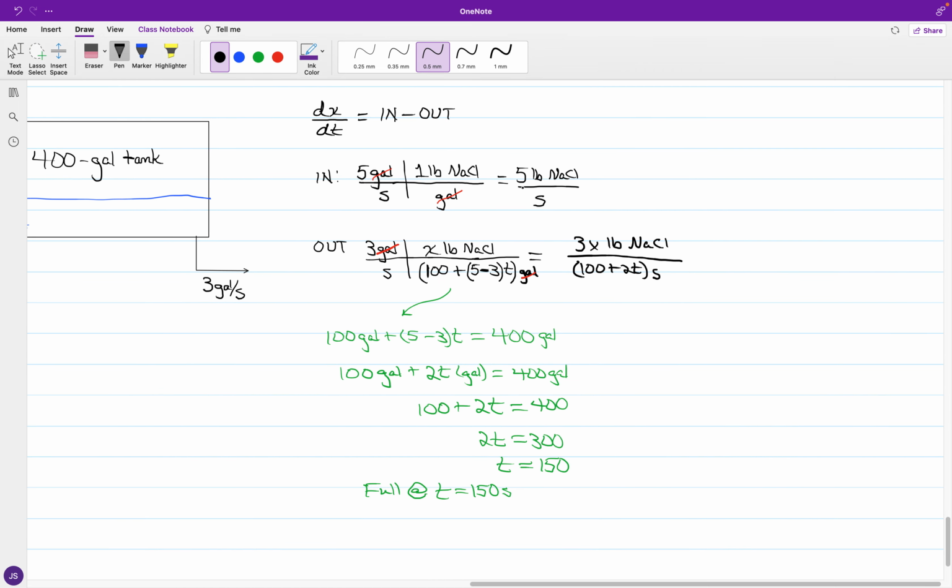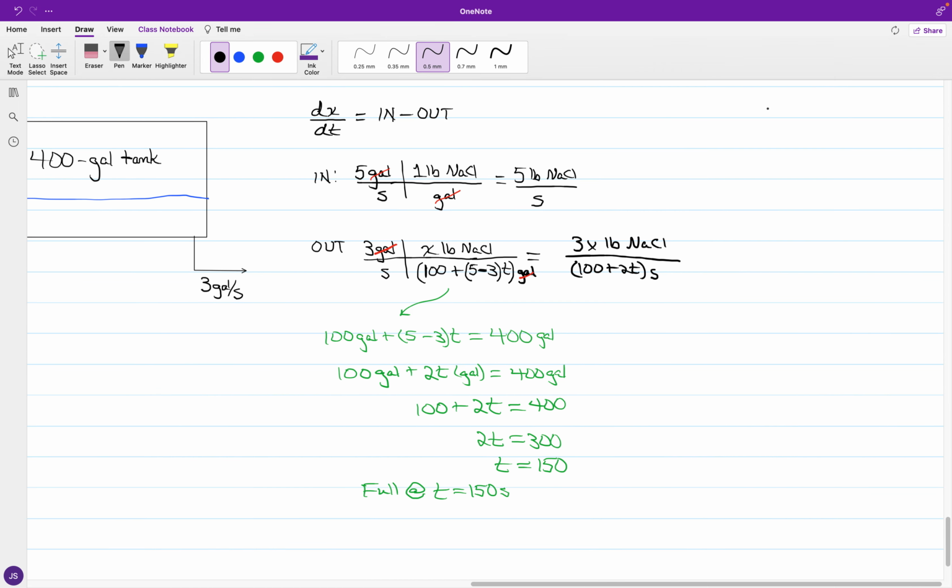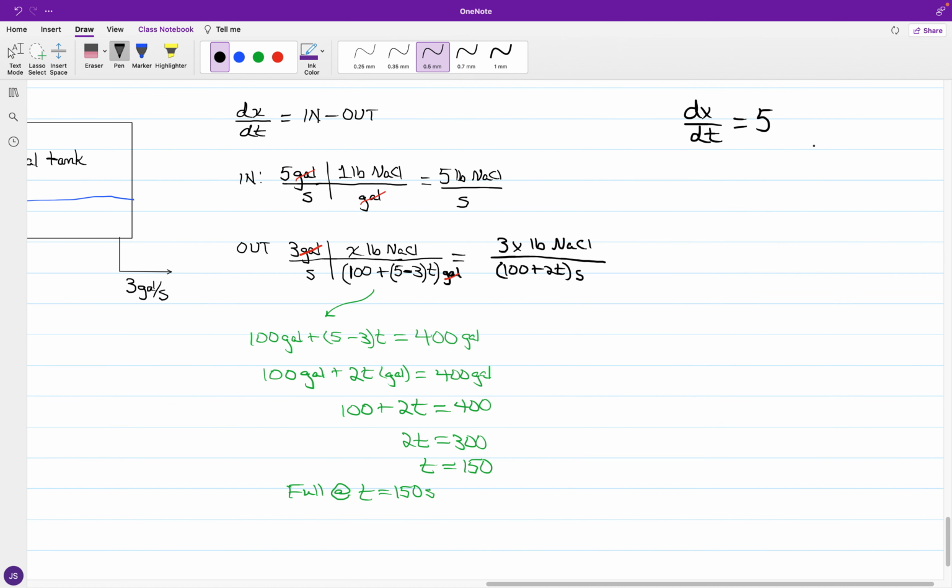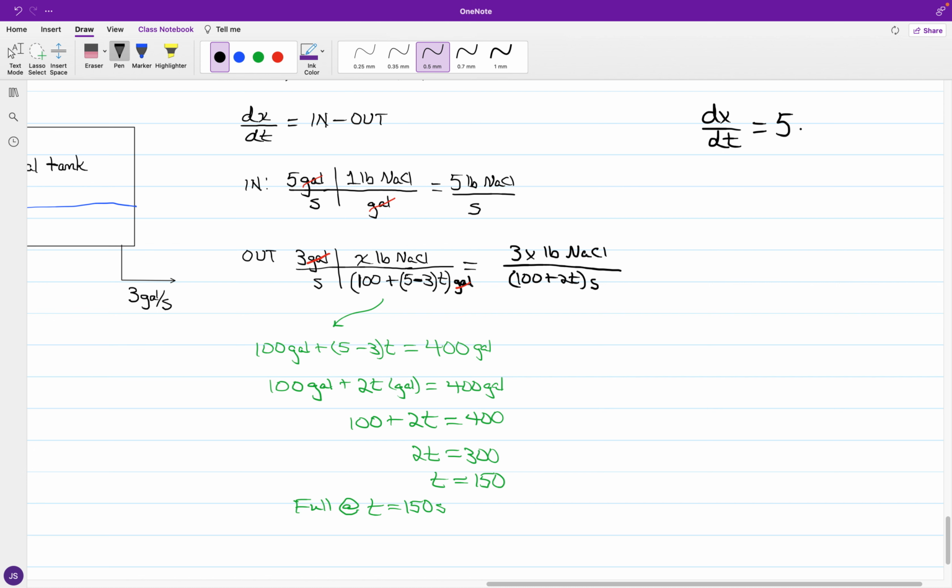And for the arrangement, let's just shift over. So again, we have dx over dt, you have in minus out. So we say we have 5 for the number of pounds of salt per second, and we have minus 3 all over 100 plus 2t times x.